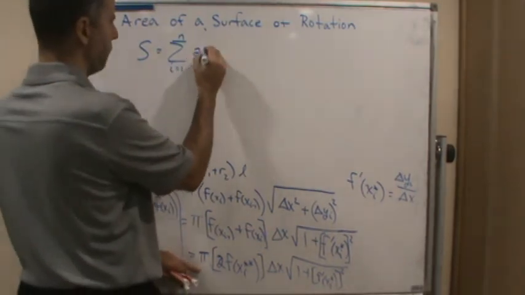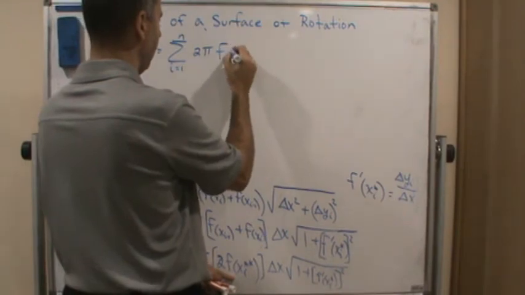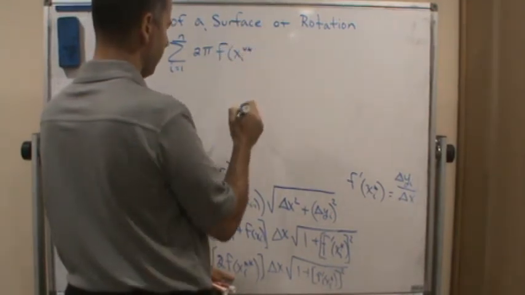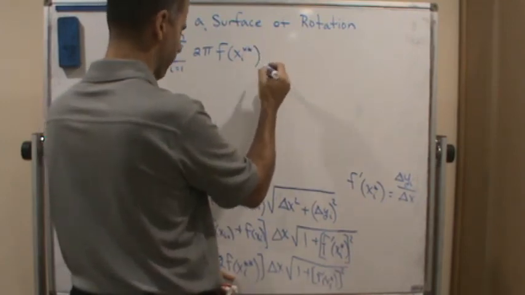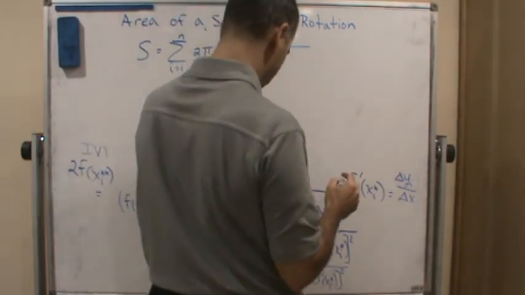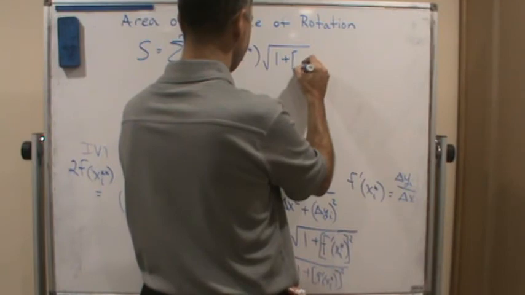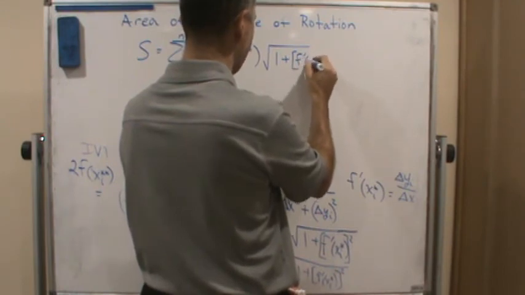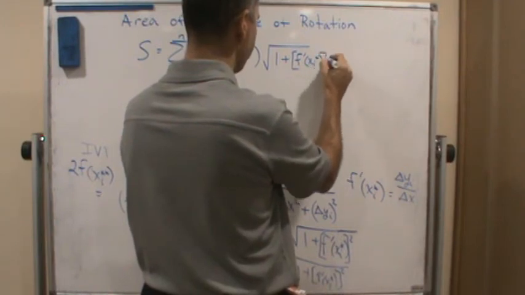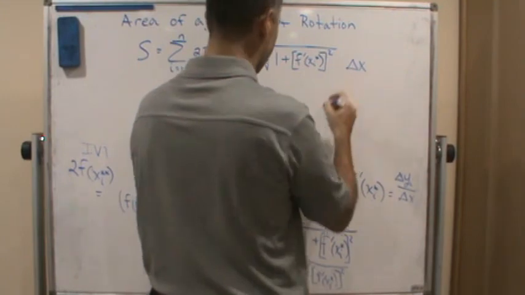I'm going to say 2 pi times f of x sub I star star times 1 plus f prime of x sub I star squared times delta x.